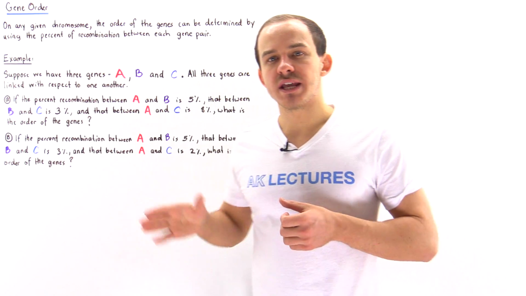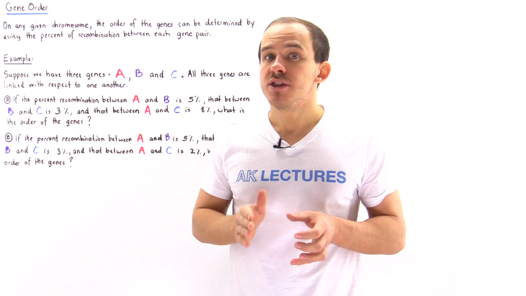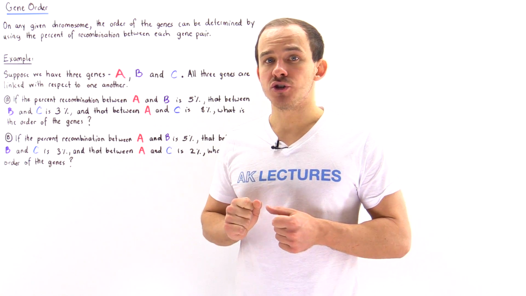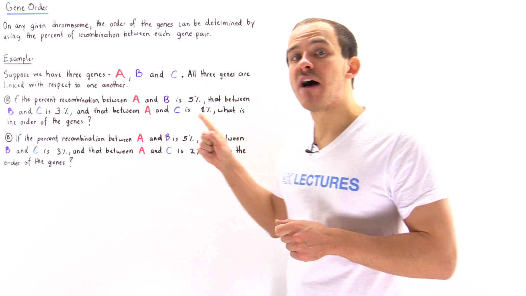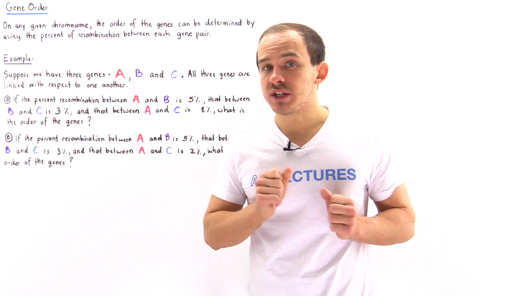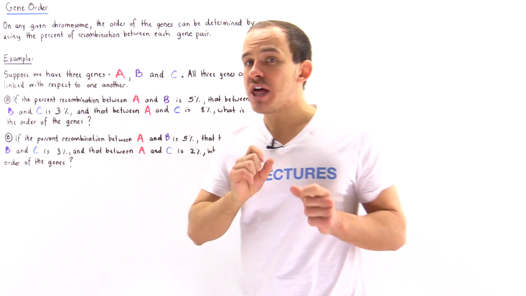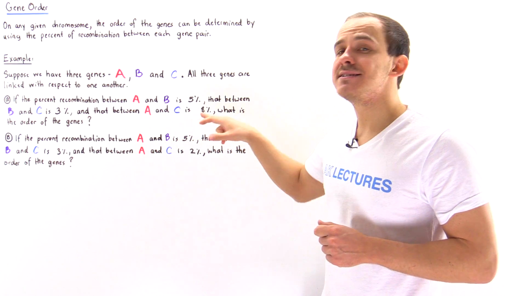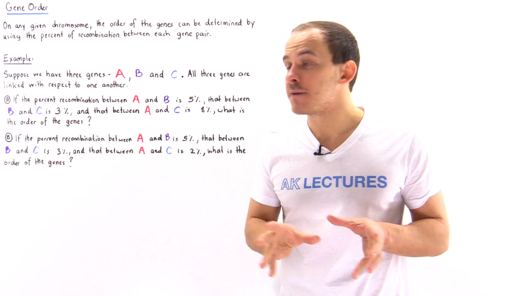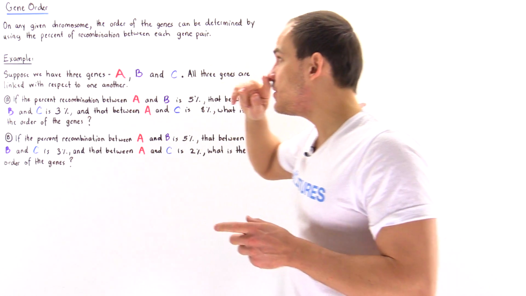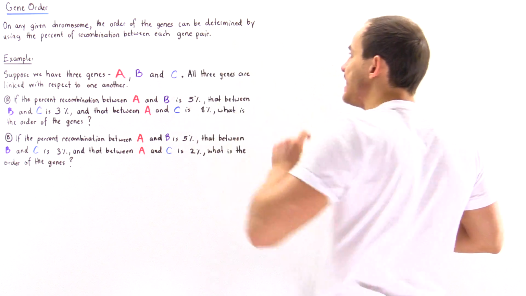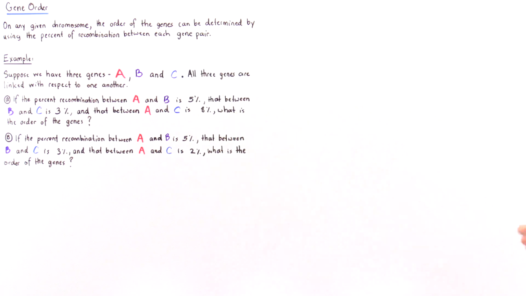Let's suppose in part A we know that the percent recombination between gene A and B is 5%, the percent recombination between B and C is 3%, and that between A and C is 8%. Knowing the percent recombination between each gene pair, let's determine the order of the genes.